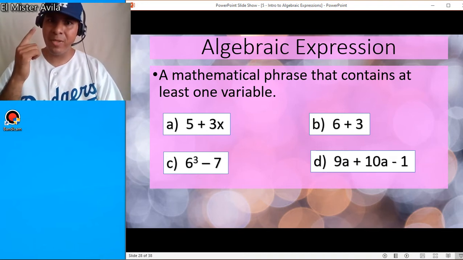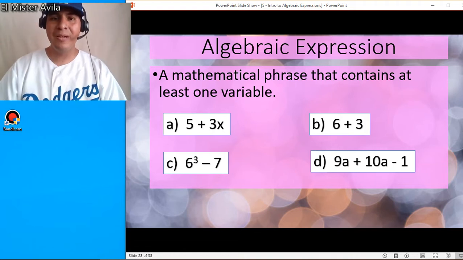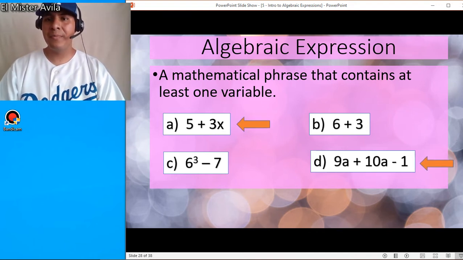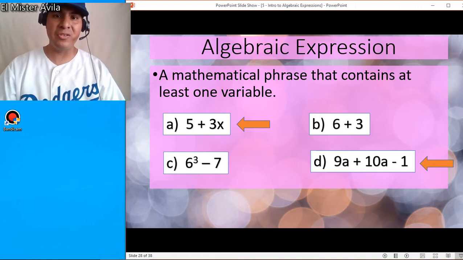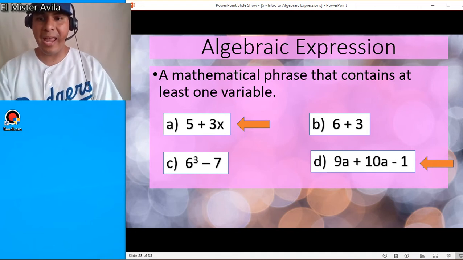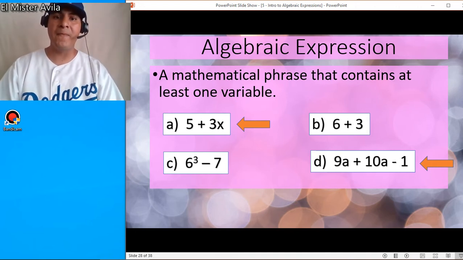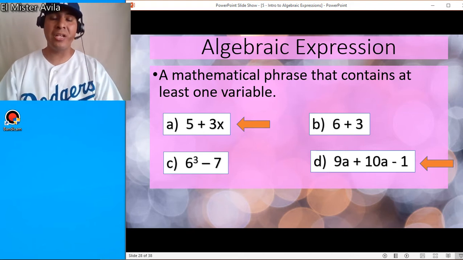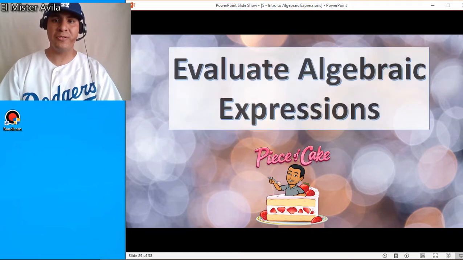Think about it. You should have written down this definition and then write down these examples. Which ones are the expressions? And the expressions are A and D. And hopefully you could look at the definition and see why, because both A and D have at least one variable. B and C are actually called numeric expressions because they only have numbers.